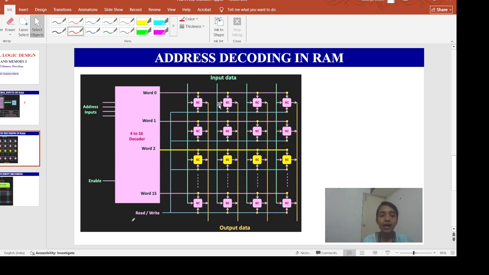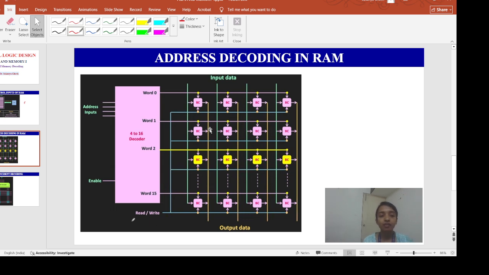We have 4 input and 4 output lines. These are all inputs to your binary cells, and these are the output lines.